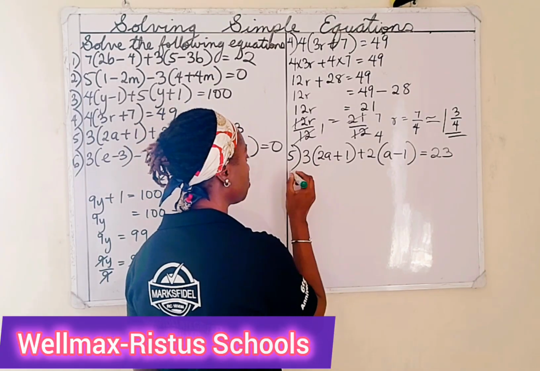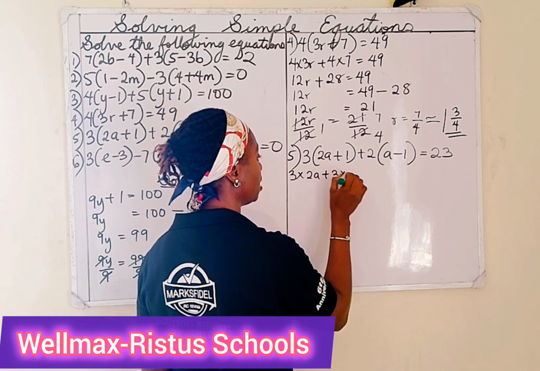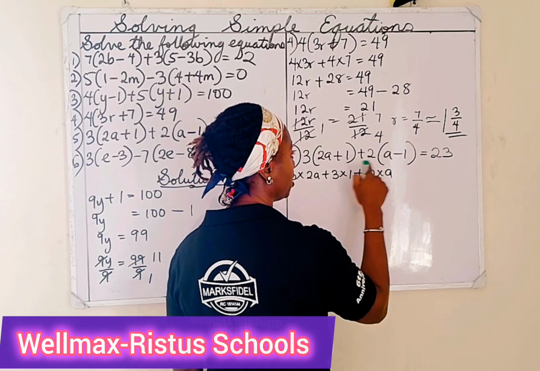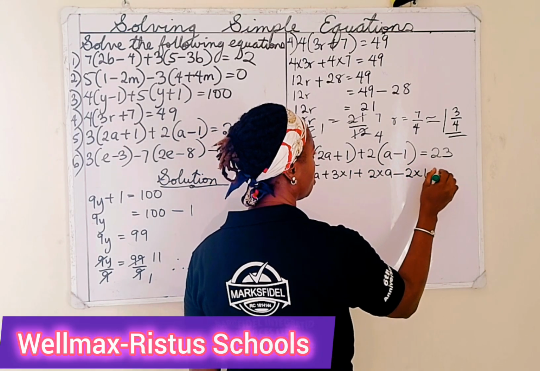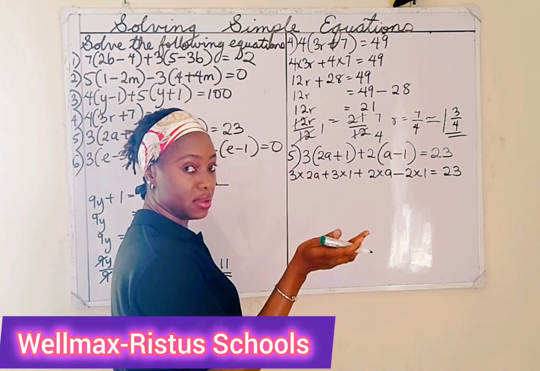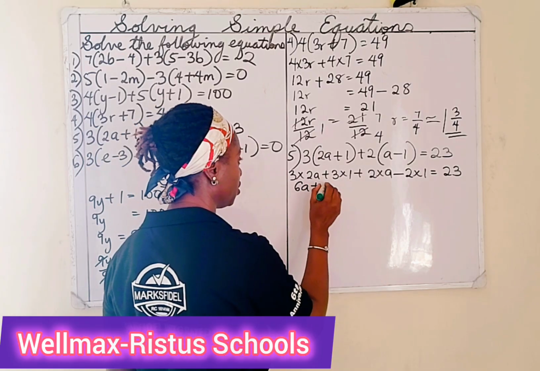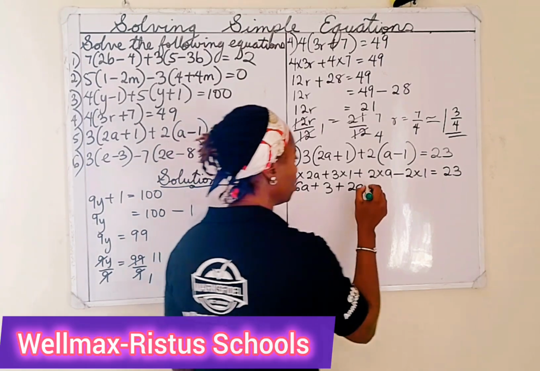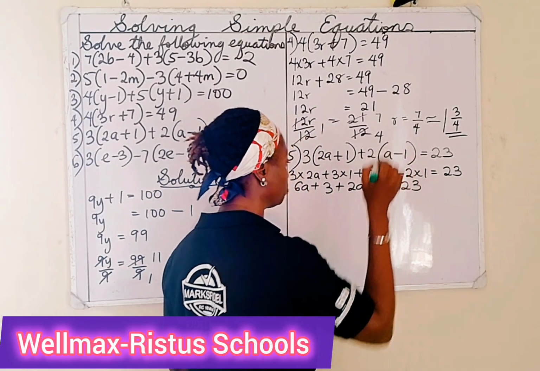Then we'll have 3 times 2a plus 3 times 1 plus 2 times a, plus times minus is minus, then 2 times 1 equals 23. 3 times 2a is 6a, plus 3 times 1 is 3, plus 2 times a is 2a, minus 2 times 1 is 2, equals 23.